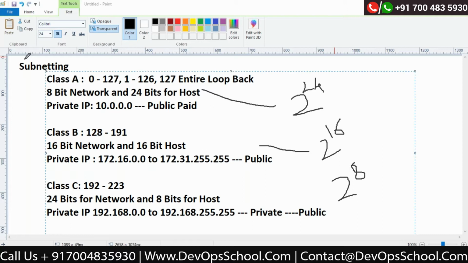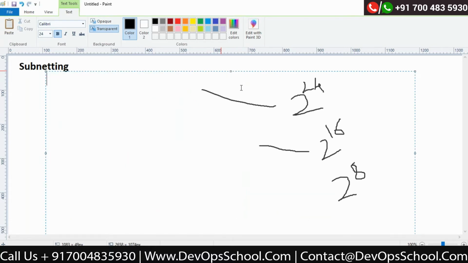This is our first and important concept you should understand before we start. Correct? Now let's understand two more things in subnetting. Okay? Now, we'll delete this.